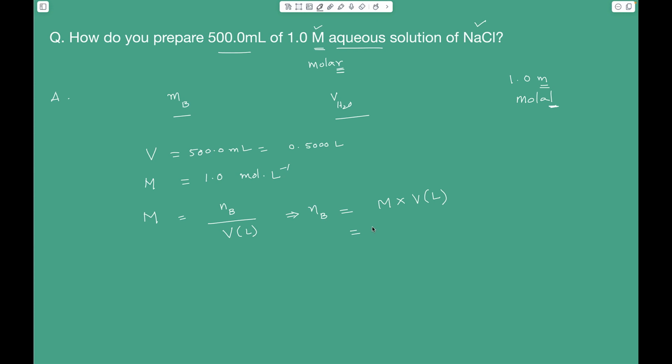Molarity is given as 1.0 mole per liter and volume in liters is 0.5000 liters. These two get cancelled, and simplify this to get the number of moles of solute, in this case that is sodium chloride.